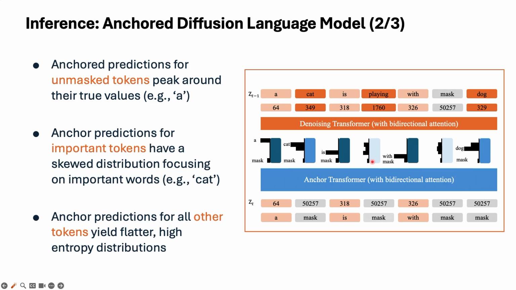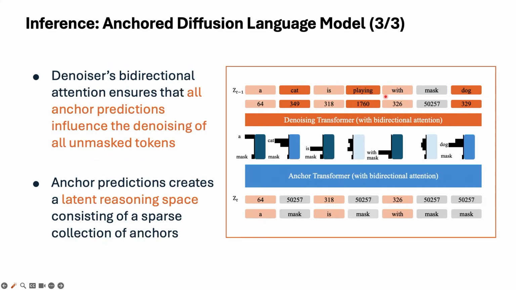And for tokens that are masked, corresponding to those that it doesn't think are important, it will roughly have a flat distribution. But that doesn't matter, because to decode even those things, it's anchoring on the important things in the whole sequence. And so the anchor predictions influence all the denoising of the tokens.